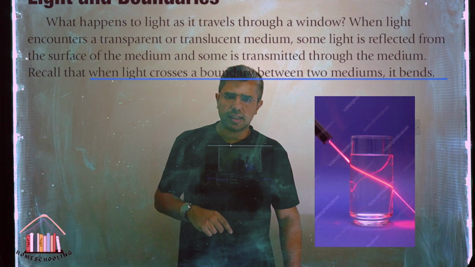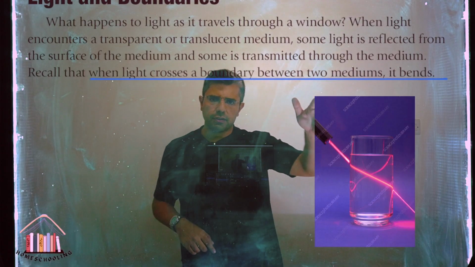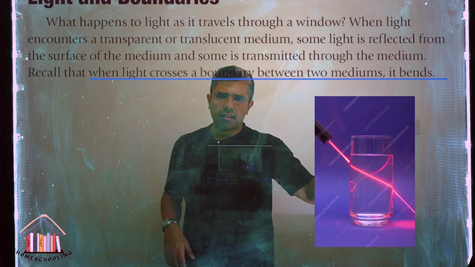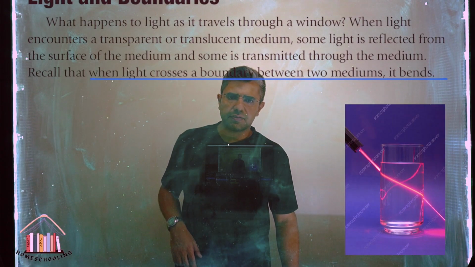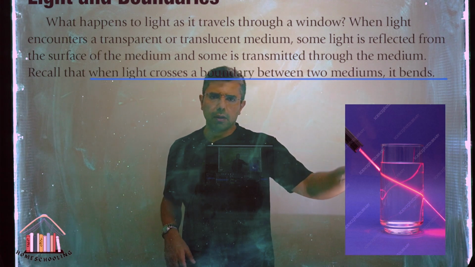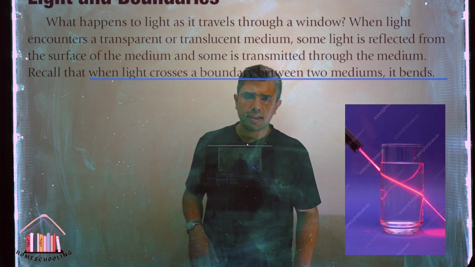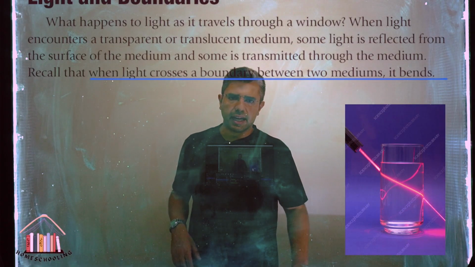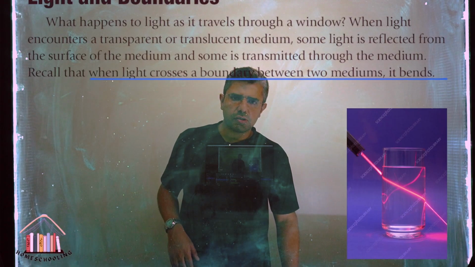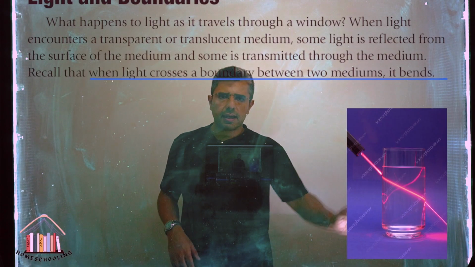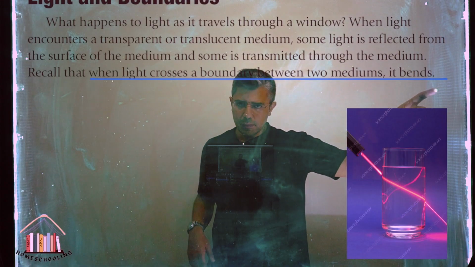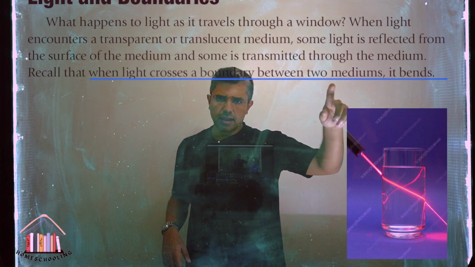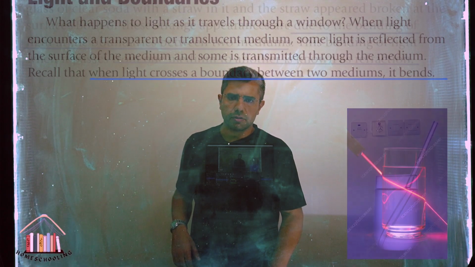When the laser light, starting from the air, enters a different medium, what do you notice about the light? It's bending a little bit, it deviates from its main direction. This is what we call bending of light when the light passes between two mediums.